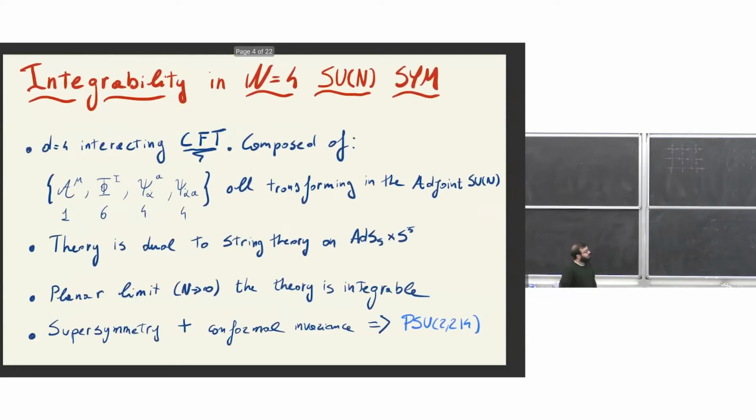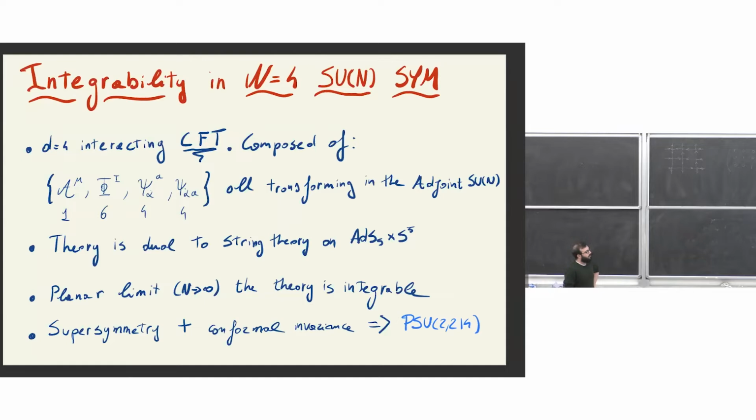Let me start by explaining a bit N=4. N=4 is a 4D interacting CFT, so it's a conformal field theory. We have conformal invariance, and it is composed of different fields. They all transform in the adjoint representation of SU(N).